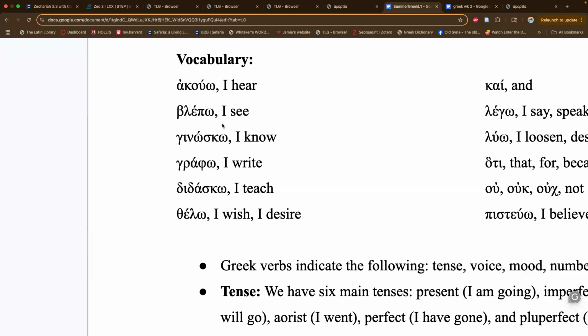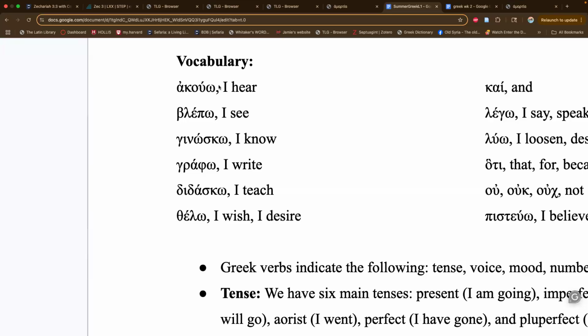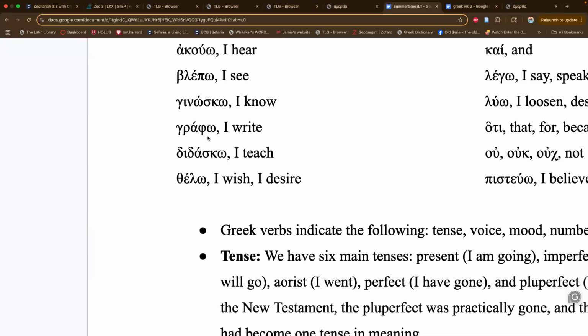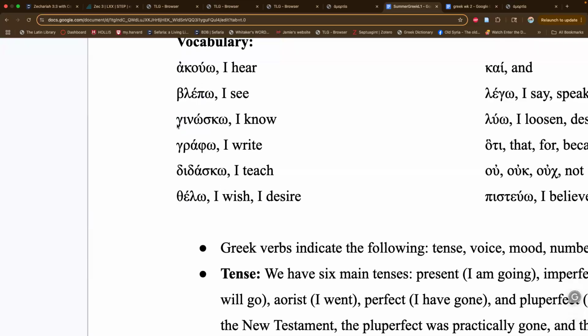And you'll note that a feature of the first person singular, so "I" here, instead of "you" or "he," is the long O. So that's one that you'll see a lot. So akouo, blepo. The next one we have starts with a gamma, so g, gnosko.